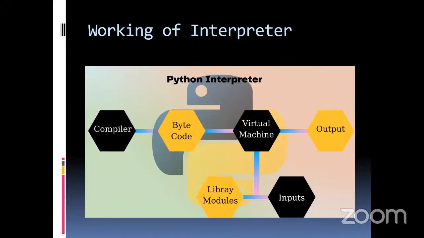The inputs are nothing but, for example, if I'm trying to add two numbers, then I should give some numbers as input. That will combine together and give us some output for our program. Is it clear? Is the working of the Python interpreter clear for everyone?